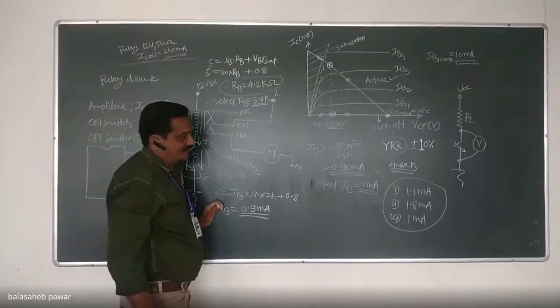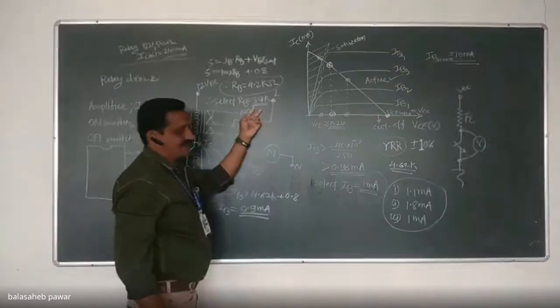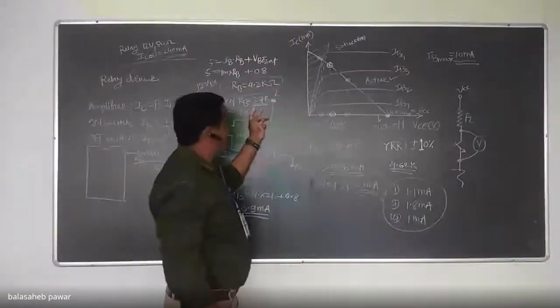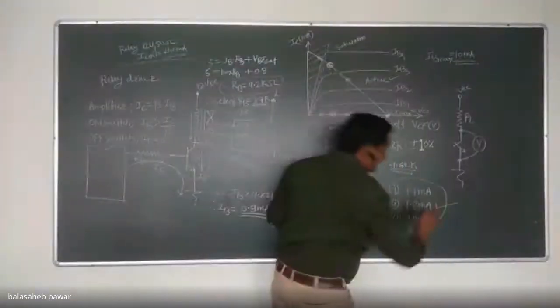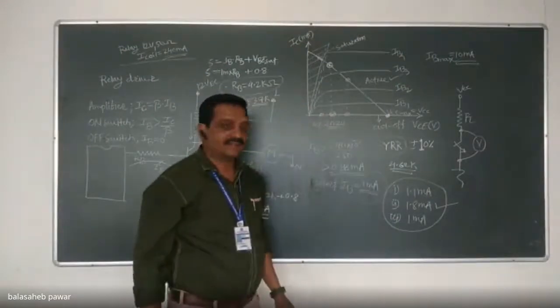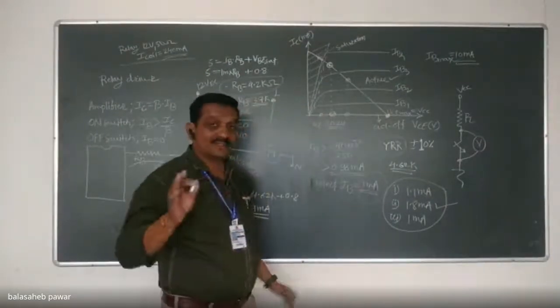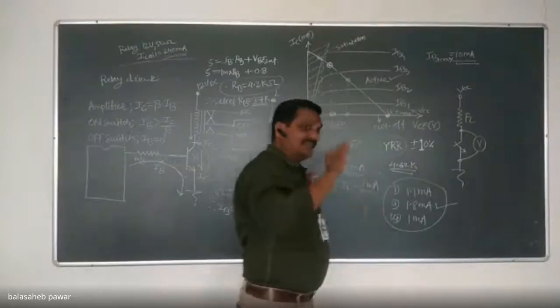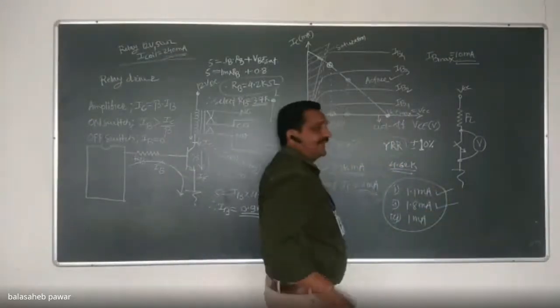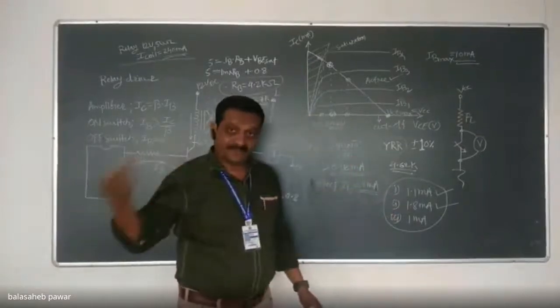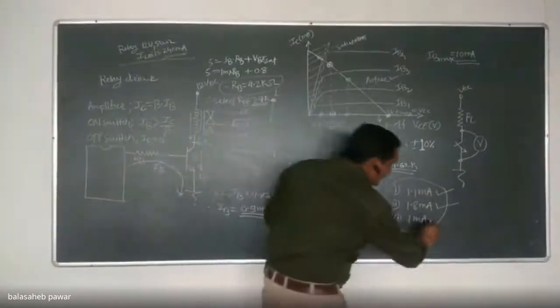Yes or no? Because by taking the worst condition of the tolerance of the selected 3.7K resistor, the maximum current will be 1.8 milli, right? If the tolerance is 0%, that means the value is exactly 3.7K, then the current will be 1.1 milli. And if the tolerance is plus 10%, then the current will be 1 milli.